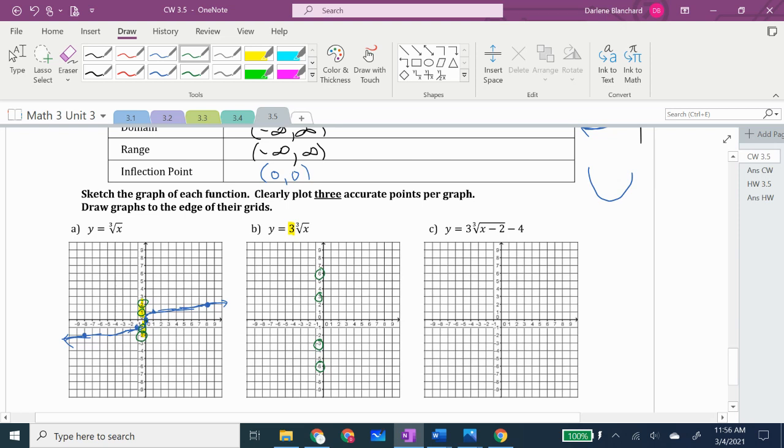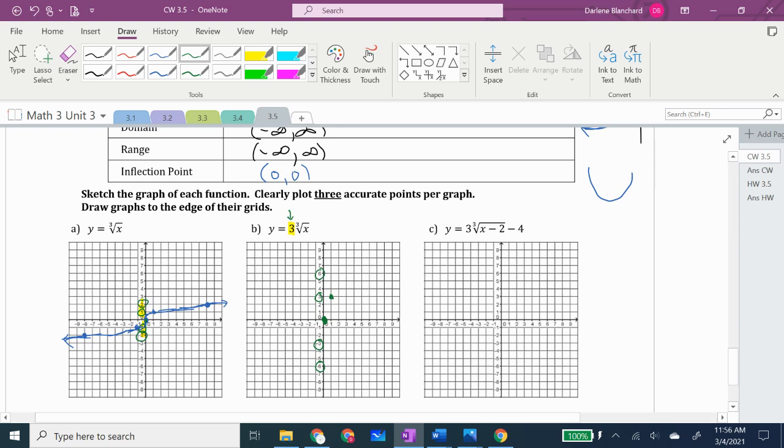Where the graph is at the origin, it has a y value of 0. Multiplying by 3, it is still 0. So that 1 point will not change. The x-coordinates are not being changed when I multiply outside the function by 3. It's their y-coordinates that are stretched. So where I have the point (1, 1), that stretches to (1, 3).